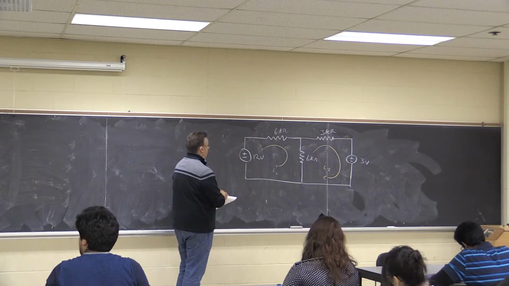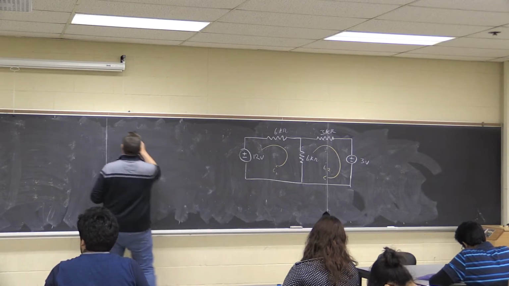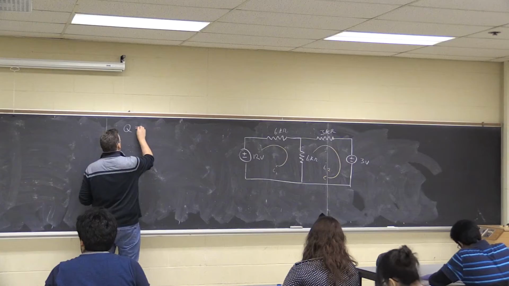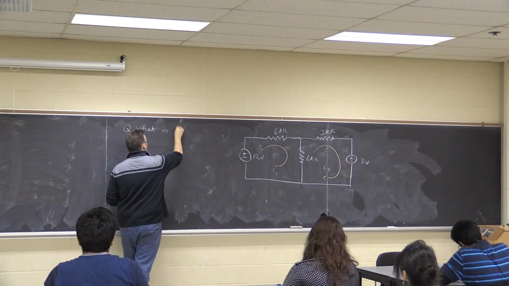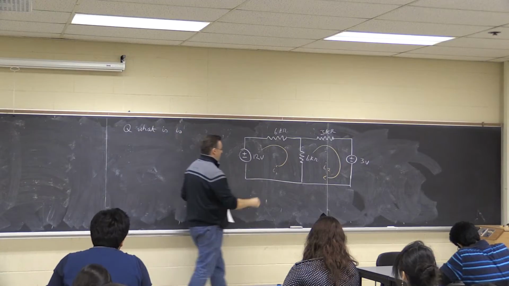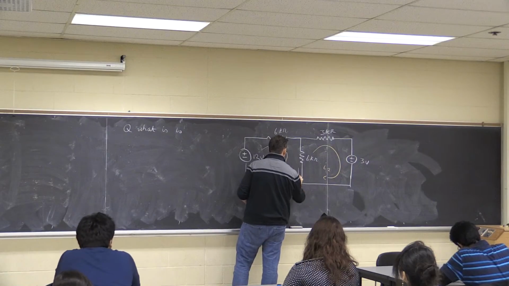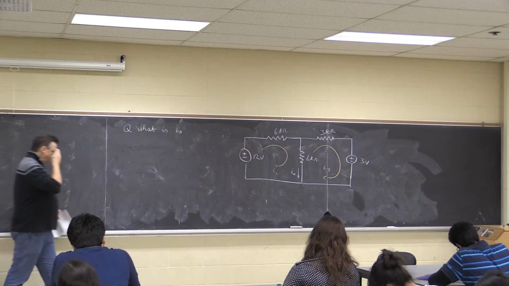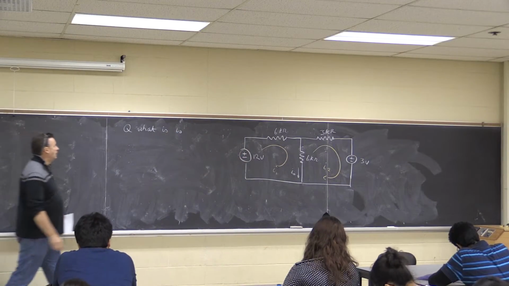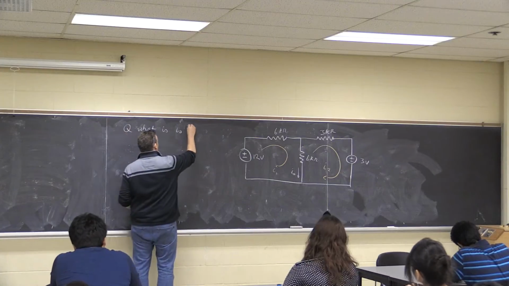And the question actually, because we need a question before we go further, Q, what is the current through the central resistor? So let's call that I naught, flowing down through that branch. What is I naught?